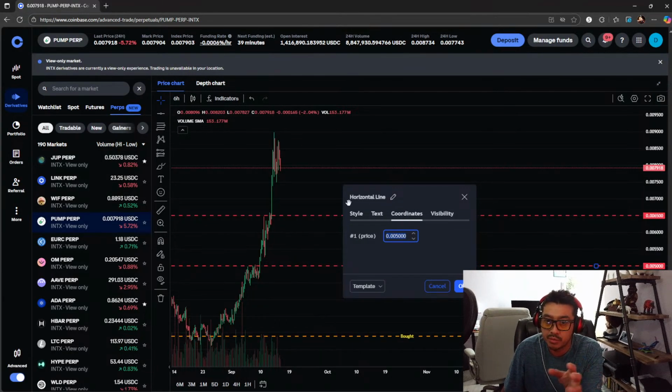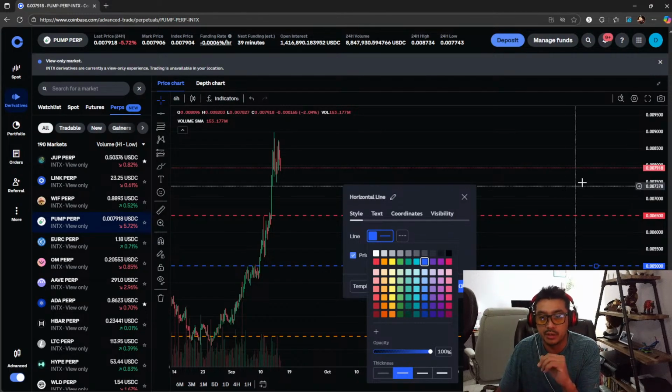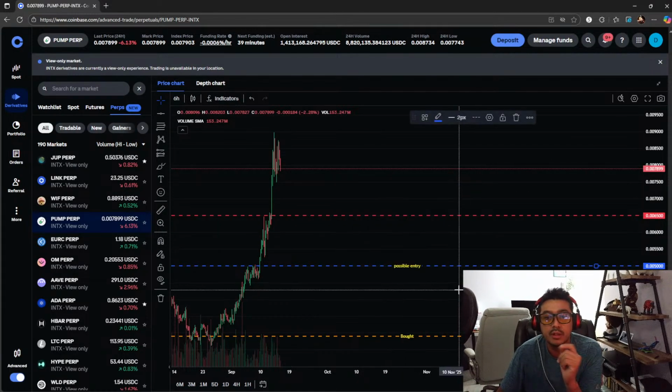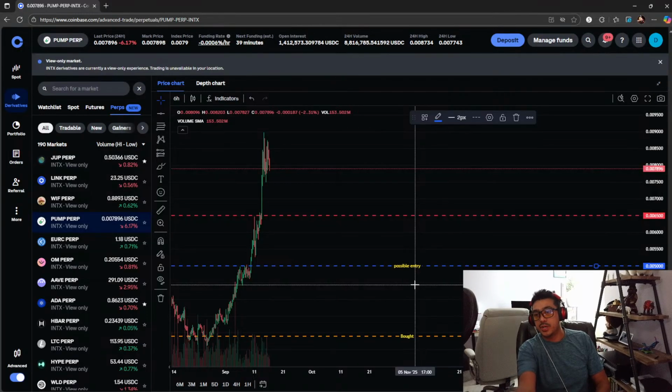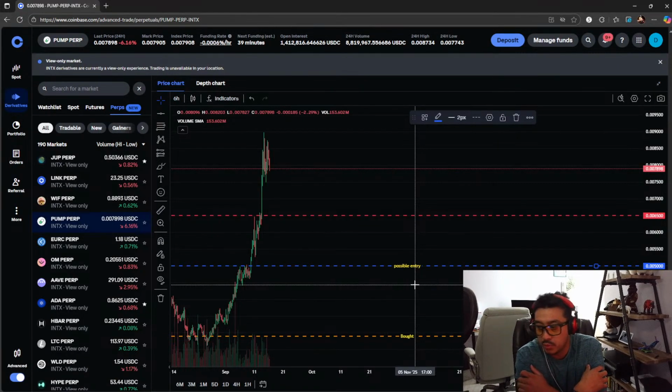It's at 0.005. The color I like to use on this one is blue because I call that my future. I'm looking into the future-ish. So we got a possible entry at 0.005. The reason I sold it is because I figured, man, there's no way it's going to keep going up. It just took off. We'll do it again.